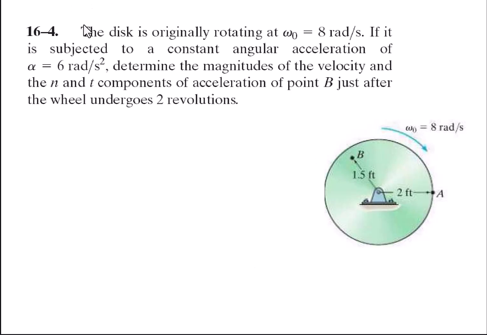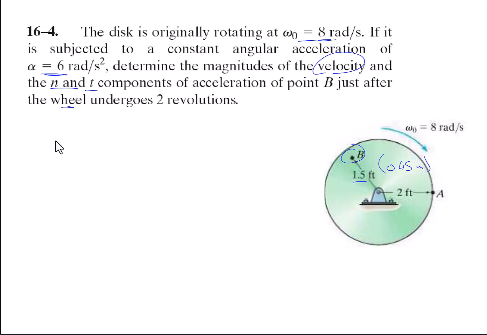A related problem, same given with the initial angular velocity and constant acceleration, but we want the magnitude of the velocity and the components of the acceleration at point B, which is around, let's say, 0.45 meters, 1.5 feet, after the wheel undergoes 2 revolutions.